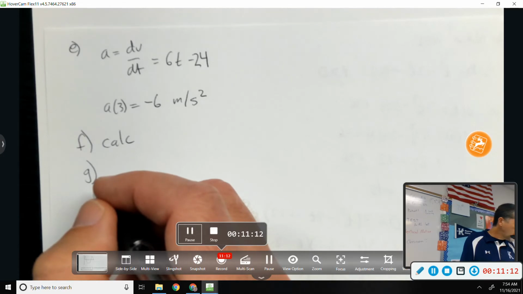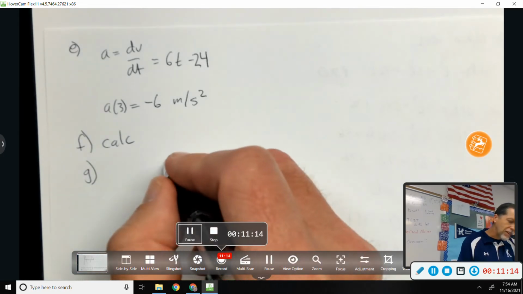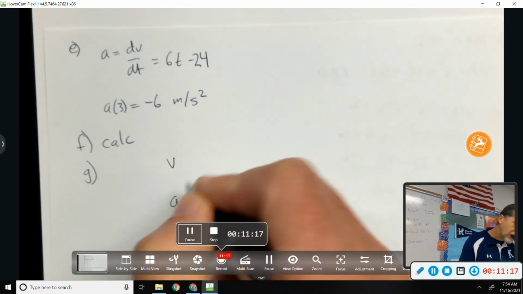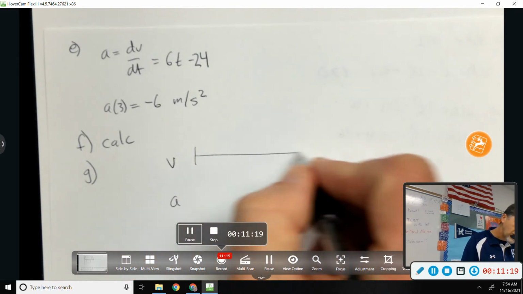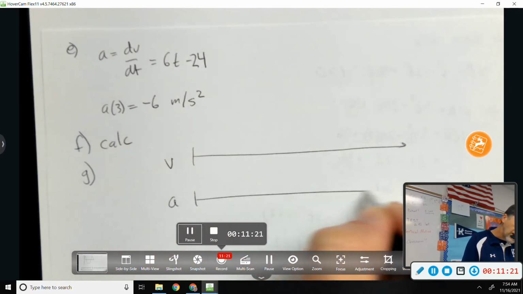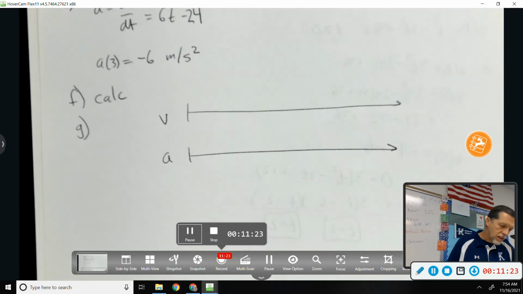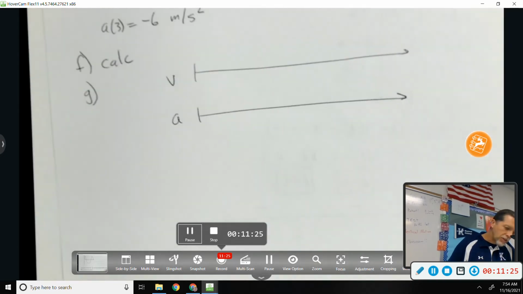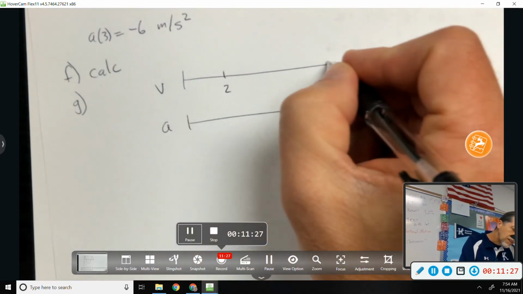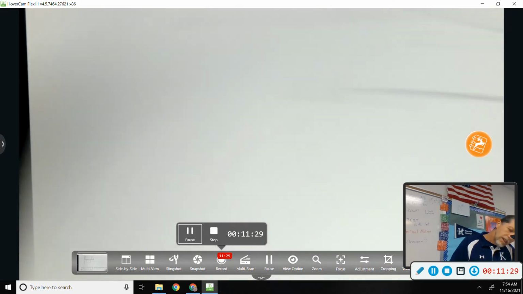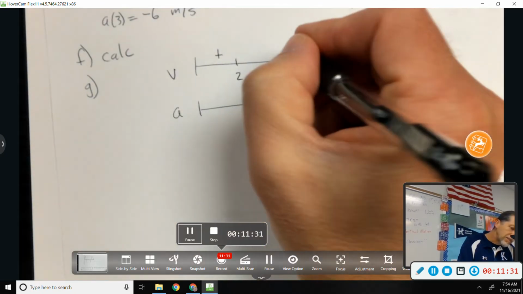Part G, speeding up, slowing down. Okay, so I need a velocity and an acceleration chart. The overlapping charts. Velocity we already did. That was 2 and 6 were the key points. And it was positive, negative, positive.